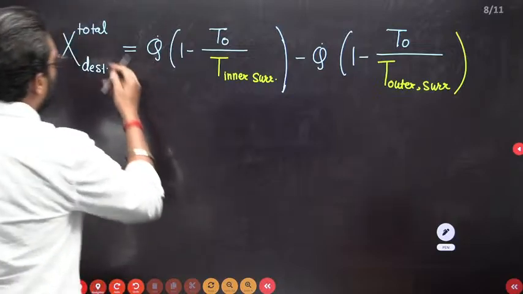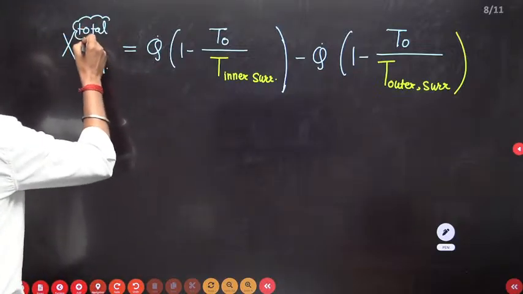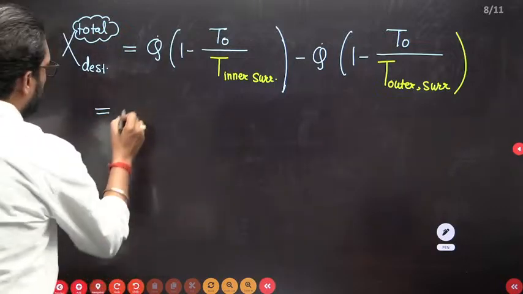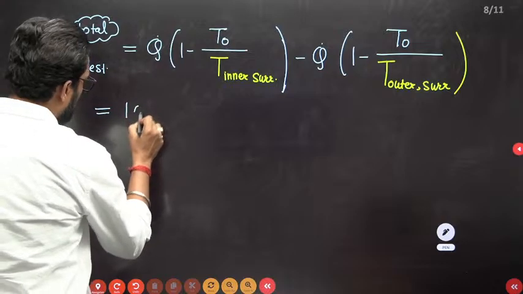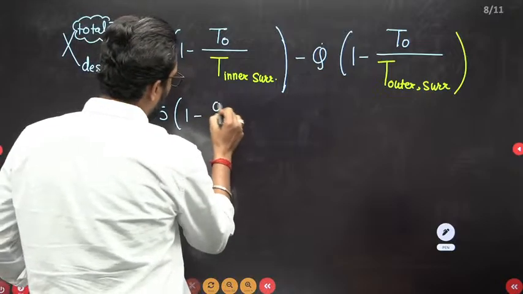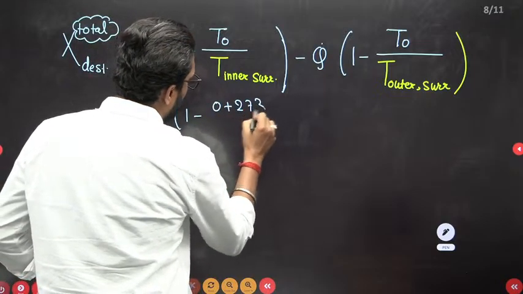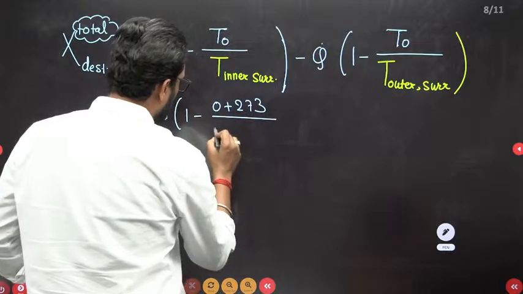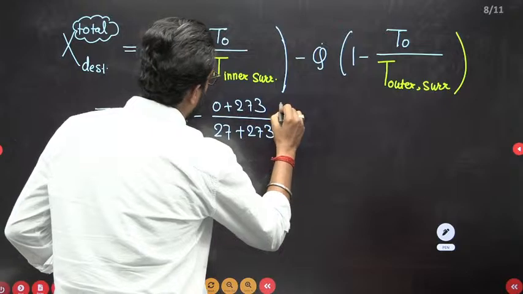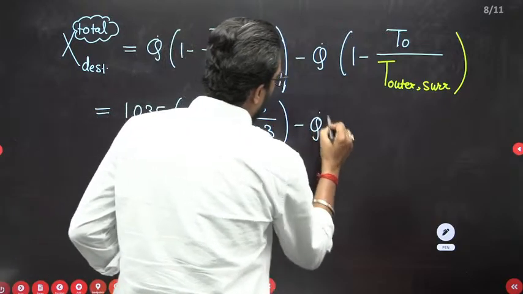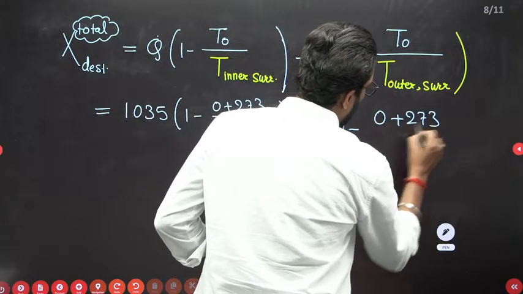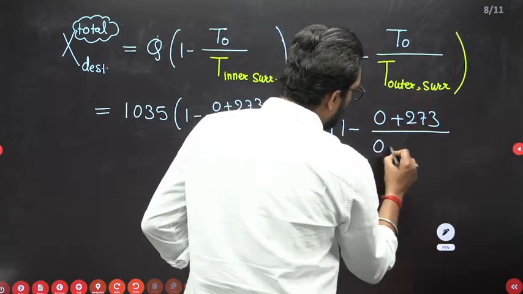So this is for the total. Put this value here again: 1035, 1 minus surrounding as it is 0 plus 273, inner surrounding 27 plus 273, minus heat transfer 1 minus 0 plus 273, and outer surrounding is also 0 plus 273.